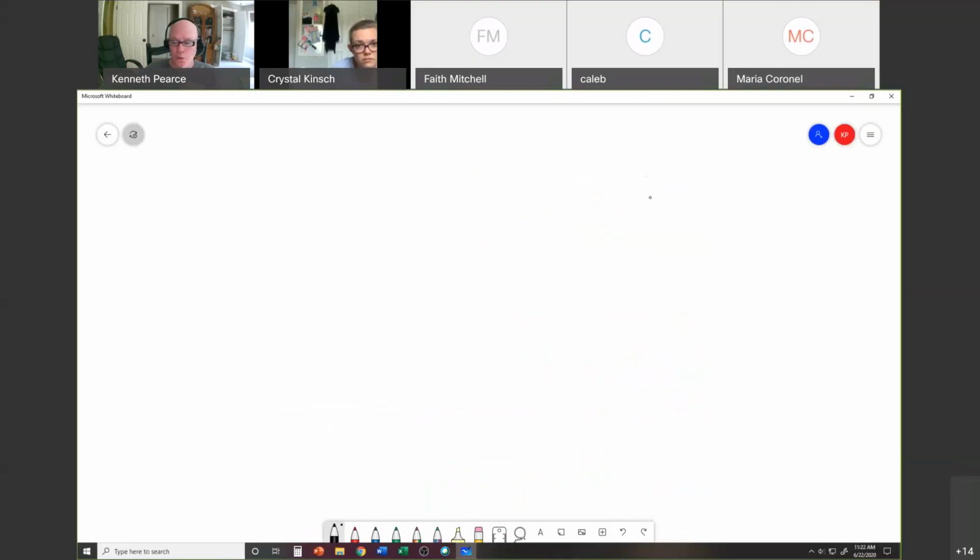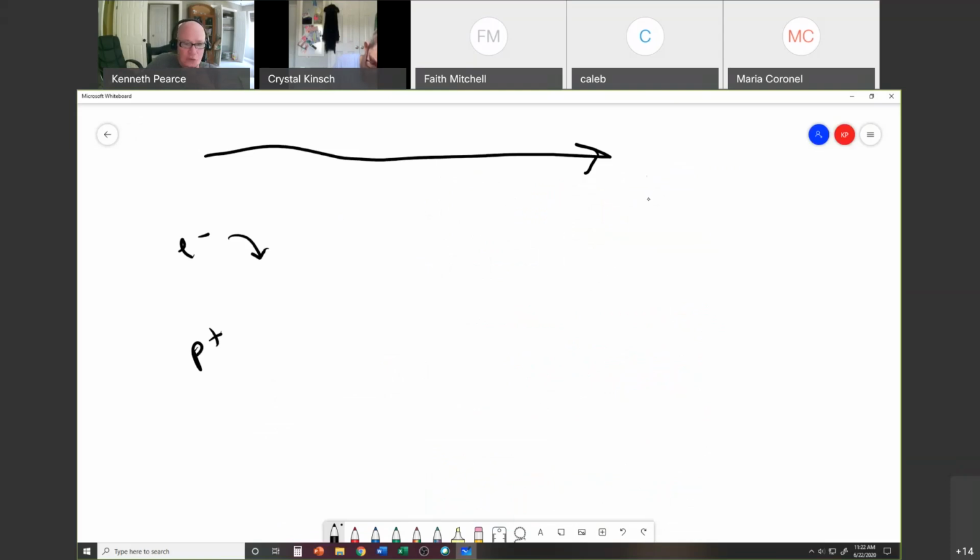Let me show you. As you go left to right, what happens? You have a proton with an electron that's whizzing around, okay? And as you go left to right, you pick up another proton. You also pick up another electron. All right, everybody with me so far? Now what happens? See, the proton is attracting the electron.